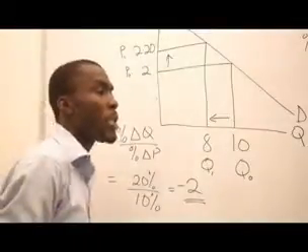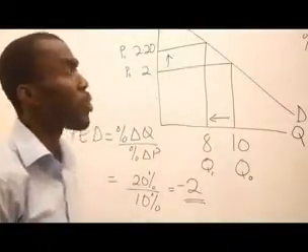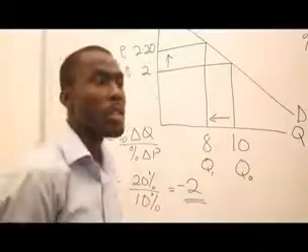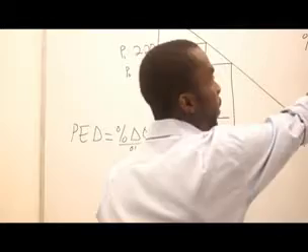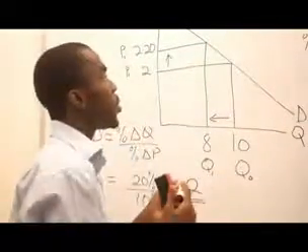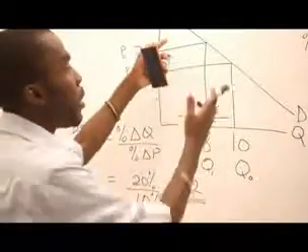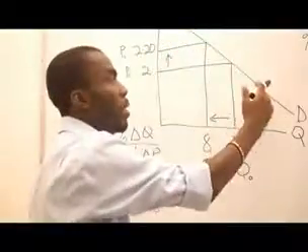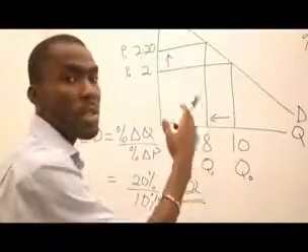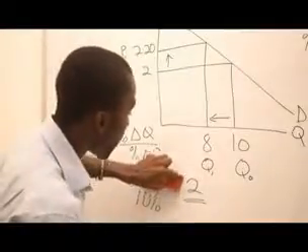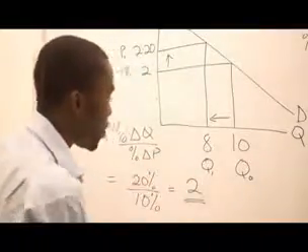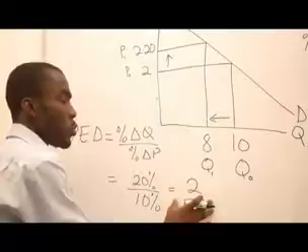But with price elasticity of demand, normally what we do is to take the absolute figure and then take away the negative sign, because the negative sign is implied in the relationship between the price and quantity demanded. So we'll just say that our price elasticity of demand is 2.